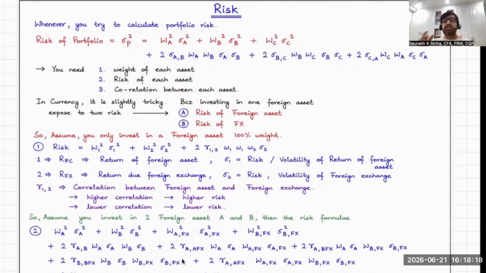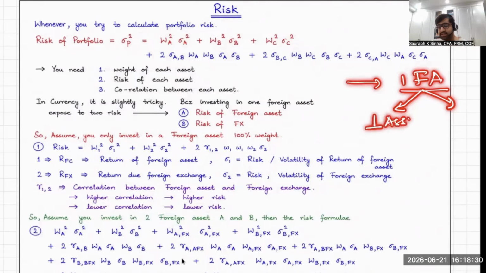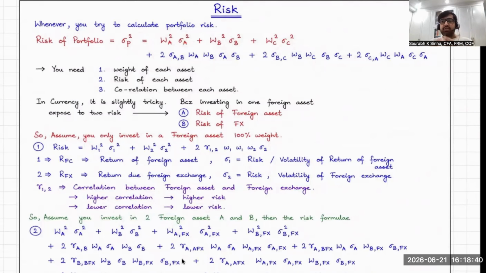When you invest in currency, it gets slightly tricky because if you invest in one foreign asset, actually you're investing in two assets. One asset, which could be, say, Meta, Facebook, and one asset, which is the foreign currency. So actually, you're exposing yourself to two risks rather than one risk.